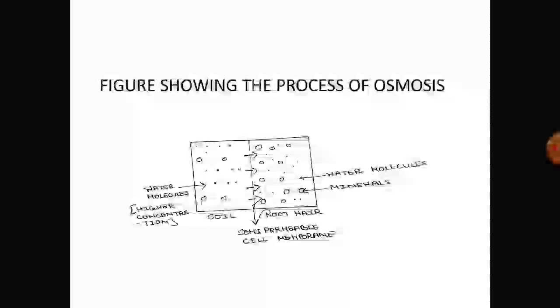Now, this is the figure showing the process of osmosis, movement of water molecules from higher concentration to lower concentration. And a barrier is there in the middle. That barrier is called a semi-permeable membrane, which allows only selective substances to pass.